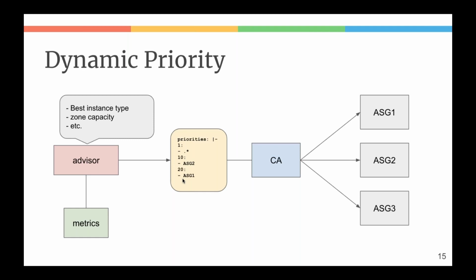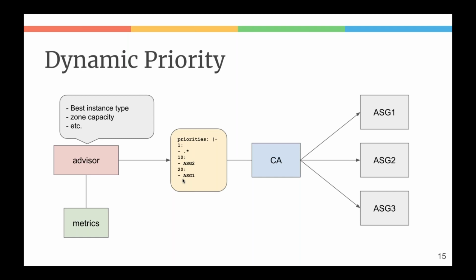By doing this, we can change the priority based on several factors. For example, there are many different EC2 instance types, the general one, the memory one, and the CPU one, where the CPU and memory ratio is different. You want to make sure most of the resources are used and you don't waste any.